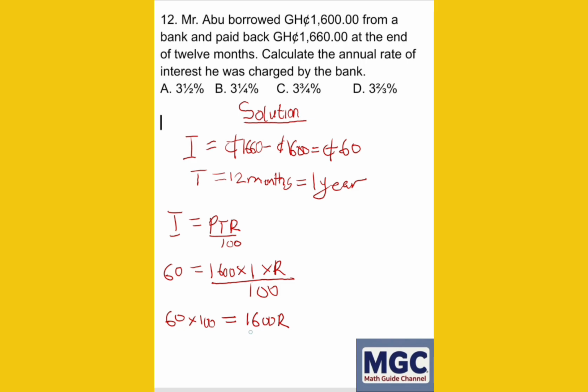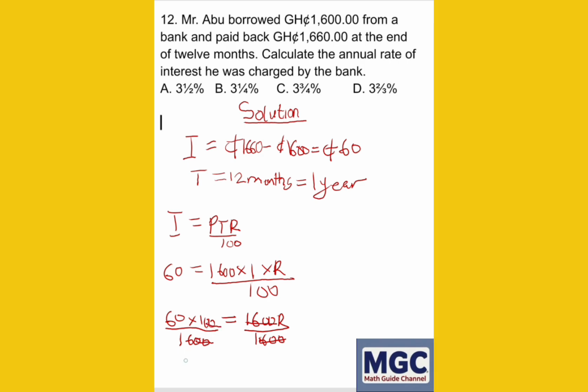So since we are making r the subject, we divide through by 1,600. So divide this side too by 1,600, so that 1,600 will do away with this 1,600. So these two zeros can also do away with the two zeros here.